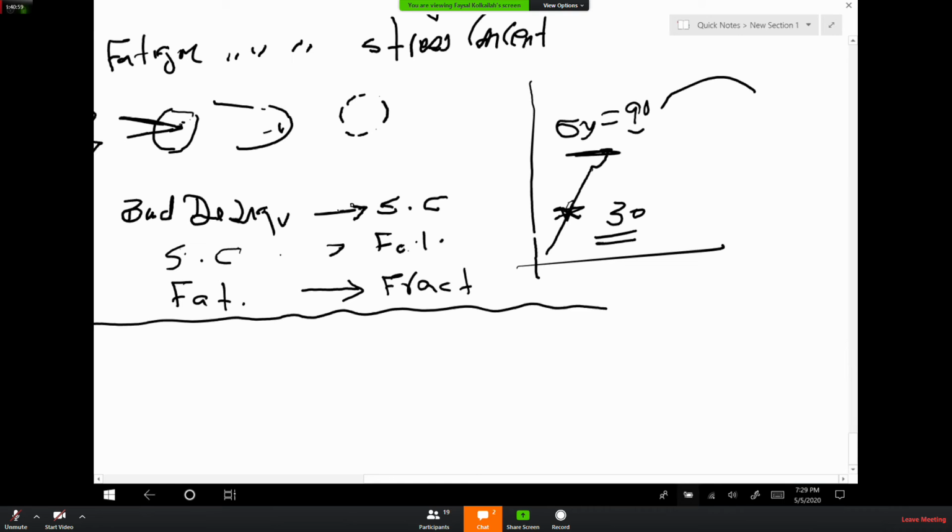You think you are choosing a material with sigma yield 90, your forces and stresses are good, but surprise, surprise, the structure is collapsing at 1/3 of sigma yield. Why is that? It's because of fatigue. And that's why all the airplanes built in the 40s and the 50s, now they revisit them and reanalyze them, taking fatigue into consideration.